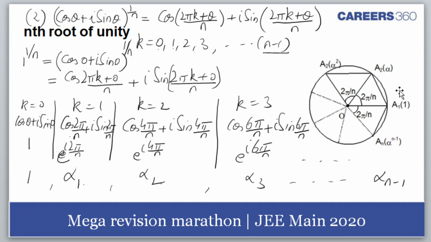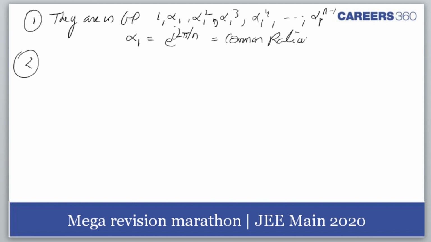So what do I say? I mean that the points represented by the nth roots of unity are located at the vertices of a regular polygon of n sides inscribed in a unit circle having center at origin, one vertex being on positive real axis. Okay, now let me write the properties.